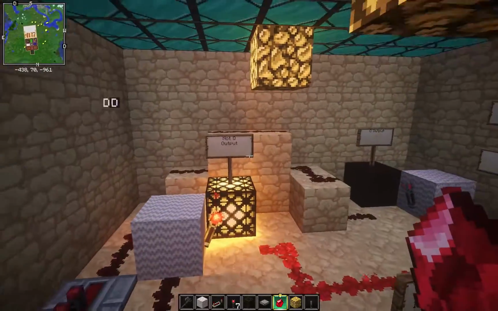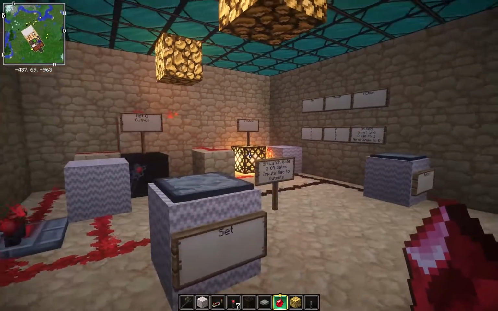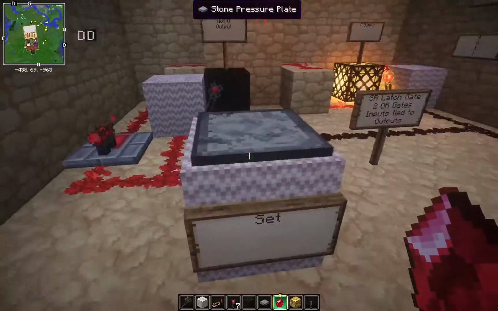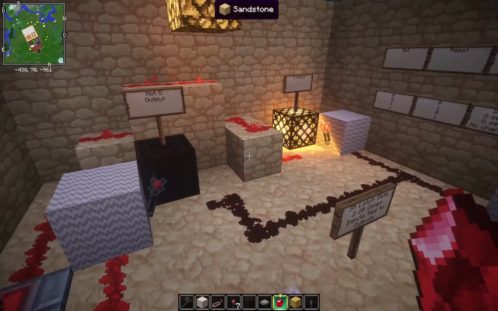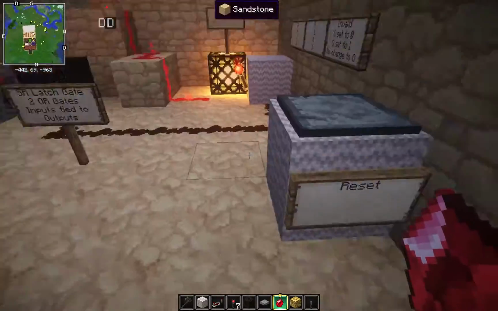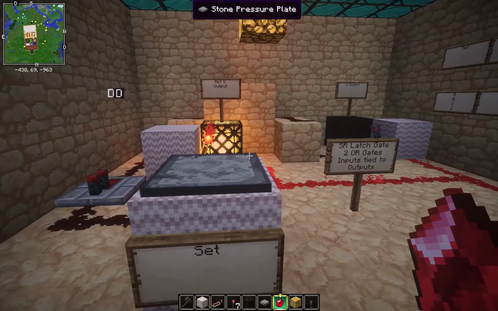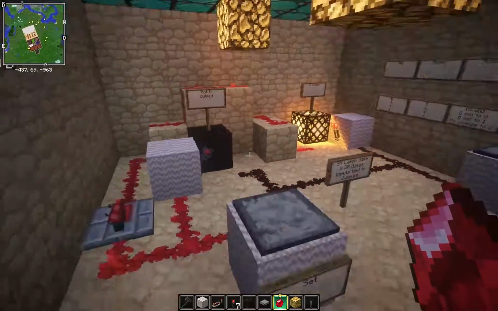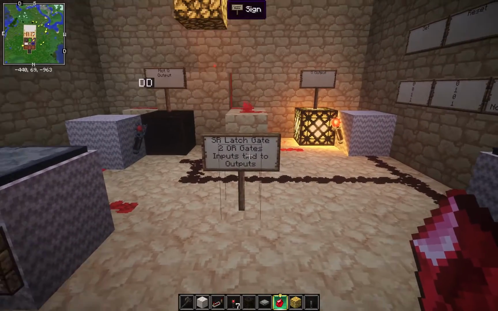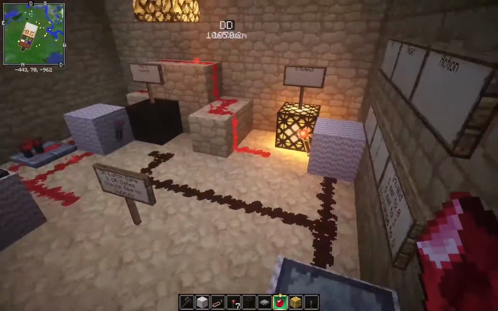You can use this for things like the puzzle I created for the secret shop last week, where I had to make it so all four pressure plates had to be on before it would open up the door, and then I was using a reset circuit to turn all of them off at the same time and close the doors after a little bit of time. So that's what this was used for just recently in the world. You guys just didn't really see it, you just knew it was a puzzle, but you didn't really understand how the puzzle was working out underground.